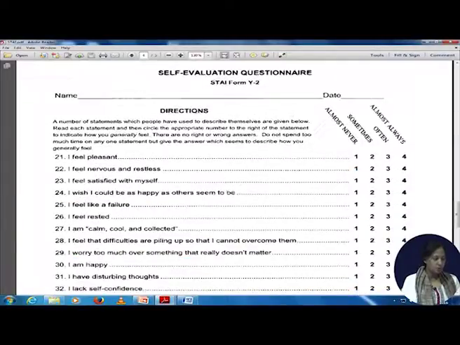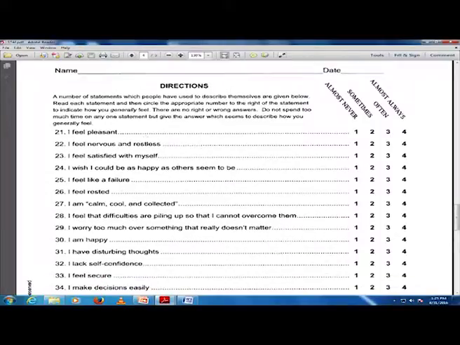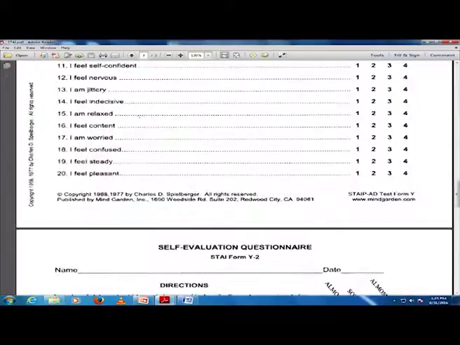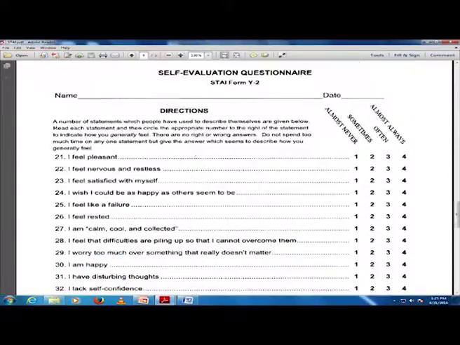Now, we come to the STAI trait form, where you see the instructions are a little different. Here it says read each statement and then circle the appropriate number to the right of the statement to indicate how you generally feel. So, the difference is how you are feeling right now, at this moment, and how you generally feel.